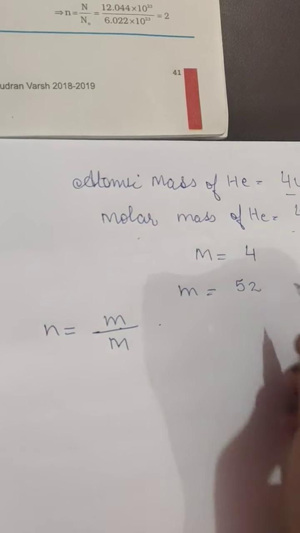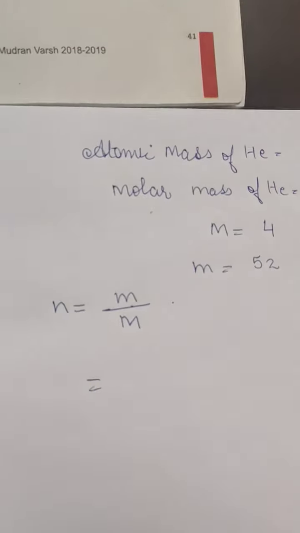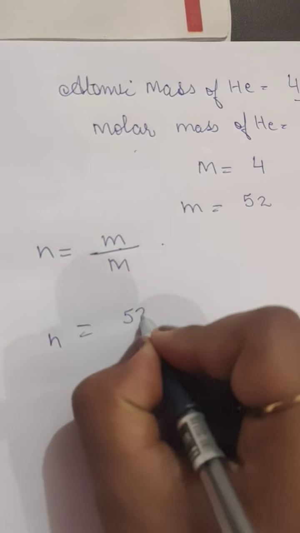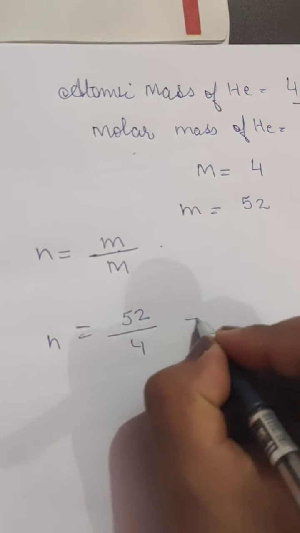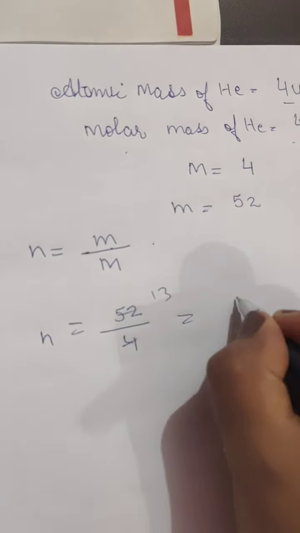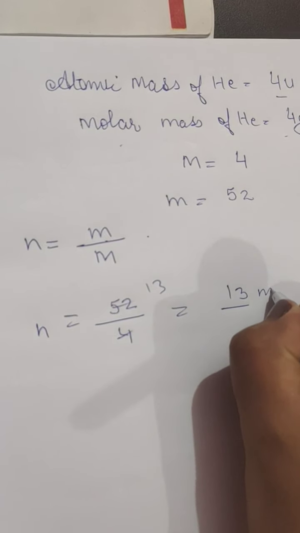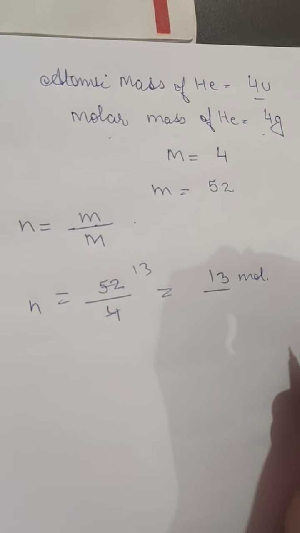This is 52. So we place the values in the formula. n equals 52 upon 4, which is 13. So the answer is 13 moles.